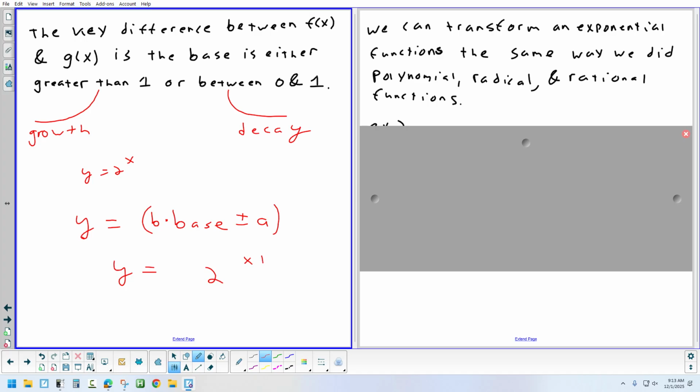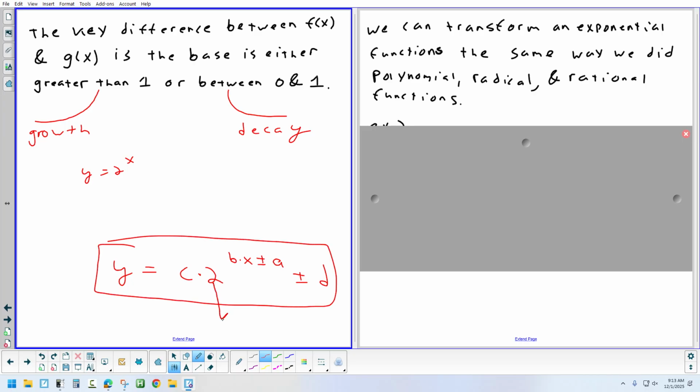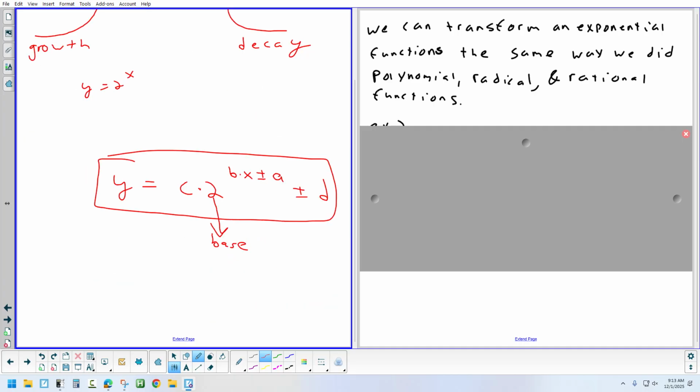You can add or subtract something inside. You can multiply by the exponent inside. You can multiply on the outside, and then you can add or subtract on the end. But remember, this can be any base. I think that's the easiest way to do it.